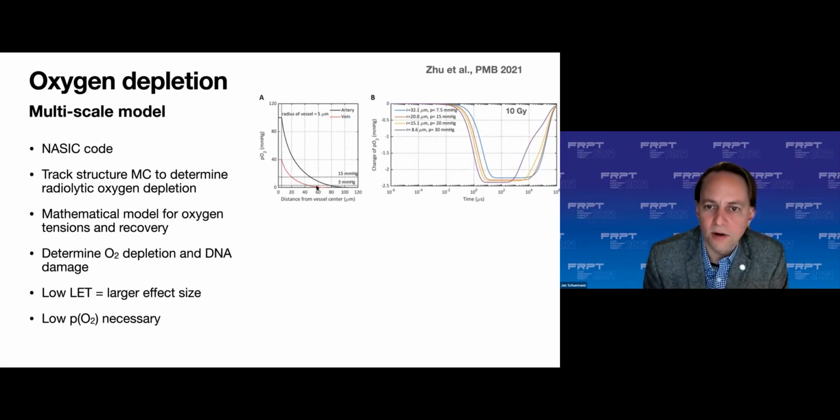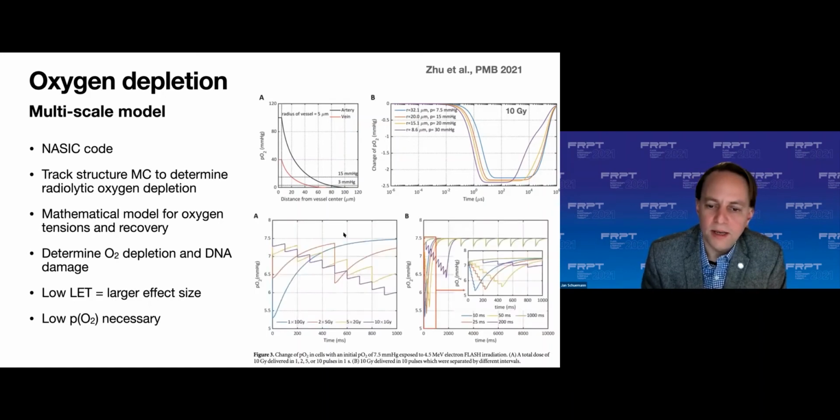And so you can see, depending on where you are and how close the vessels are, you have different recovery times, and you combine that to get these very interesting patterns where you have your initial oxygen depletion and then the recovery. If you have a single pulse, you get a much more pronounced peak. But interestingly, if you have this pulsed radiation structure here with certain recovery parameters, you potentially might get a longer depletion of oxygen in your tissue.